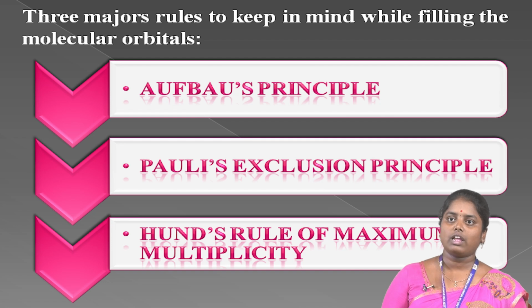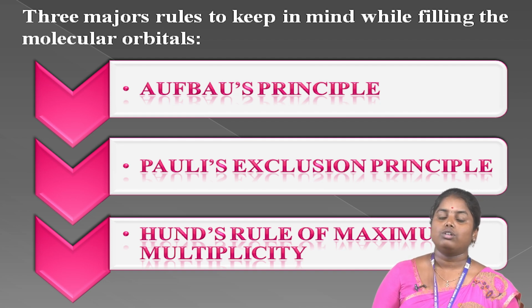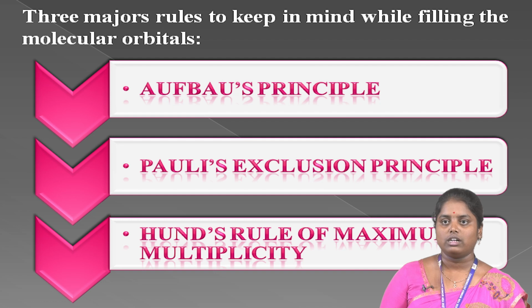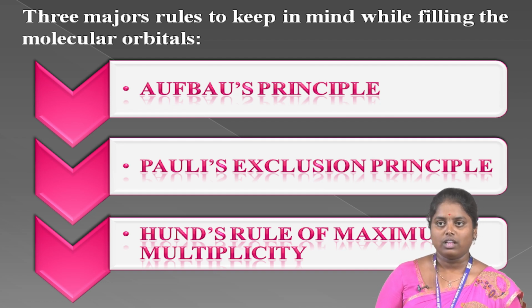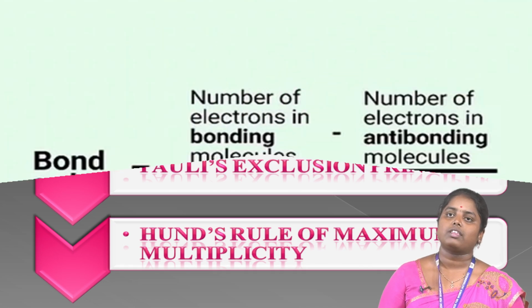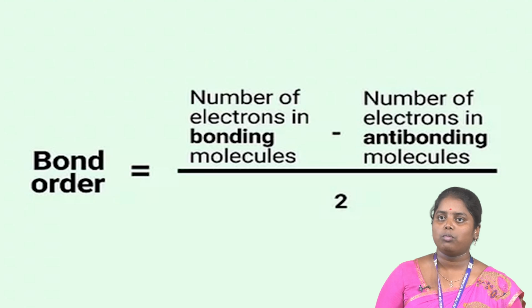This principle states that in an atom or a molecule, no two electrons can have the same set of four quantum numbers. Third is Hund's rule of maximum multiplicity. This explains that the pairing of electrons does not take place until all the atomic or molecular orbitals are singly occupied.